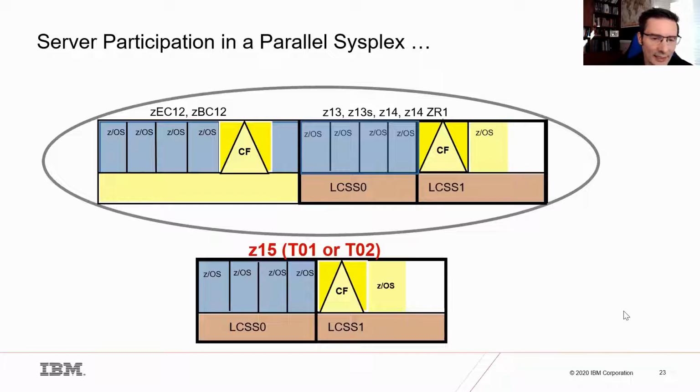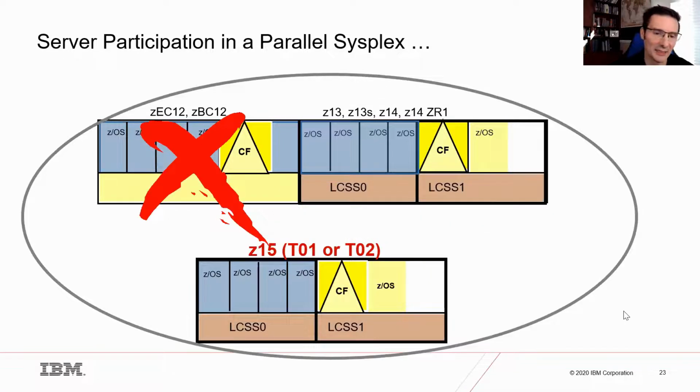In the upper part of this diagram, we have what you may have at your shop today. You may have a combination of zEC12, z13, and z14. And now I want to bring in this new z15, either the T01 or T02 box. And guess what?